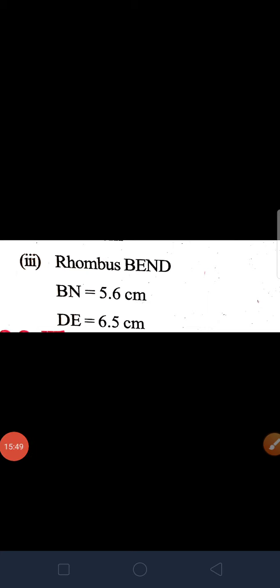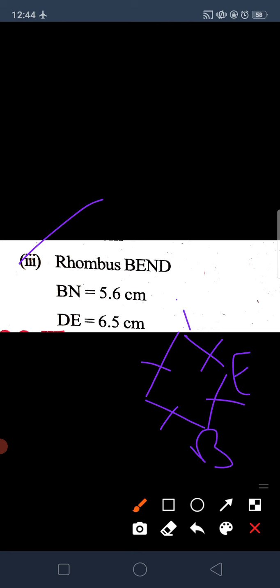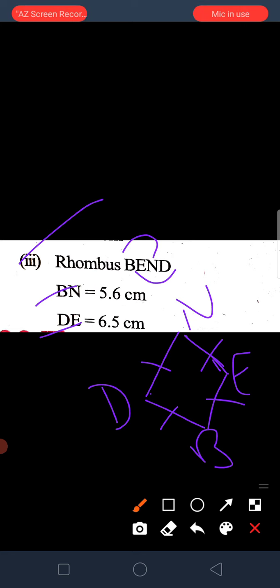Then next, the third construction is rhombus BEND. As we know, for constructing a rhombus, the property of rhombus BEND, here we have to plot the quadrilateral, and the quadrilateral is a rhombus. For constructing the rhombus, two diagonal values are given, BN and ED. BN is one diagonal and ED is another diagonal.